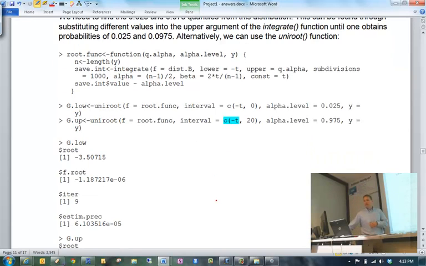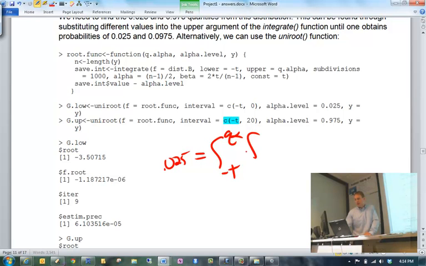Alternatively, what you could do is use a root finding function. This is, I guess, another basic application of stuff in R that can be very useful. So what I have here is, let's say I set this equal to 0.025. I want to integrate from negative t to my quantile, let's call it Q alpha, of my distribution.